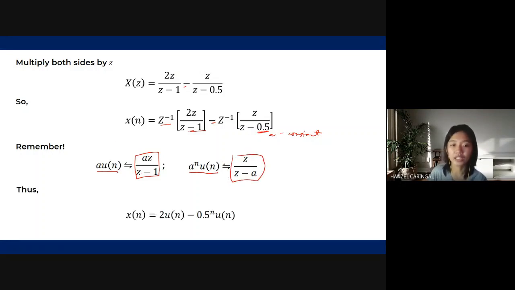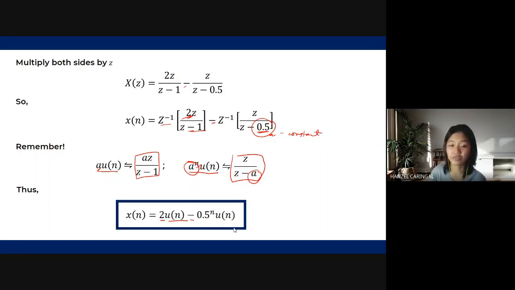Thus, we just plug in. Our A here is 2, so it becomes 2 u of n minus, with a equal to 0.5, 0.5 raised to n u of n.